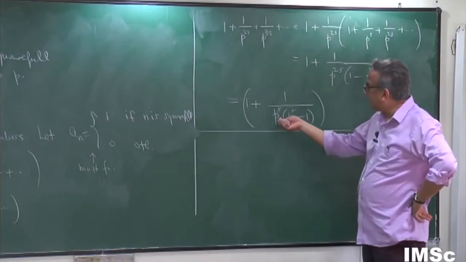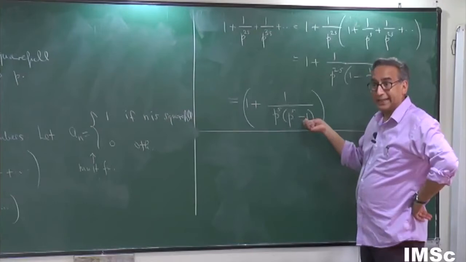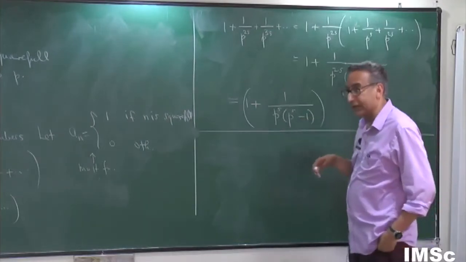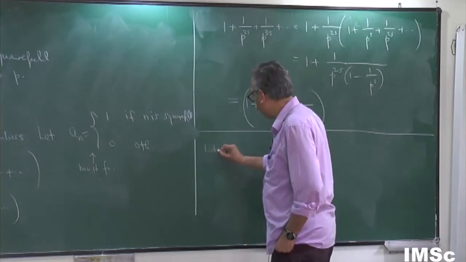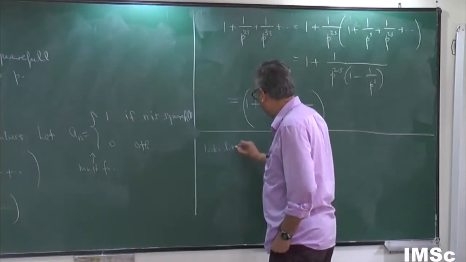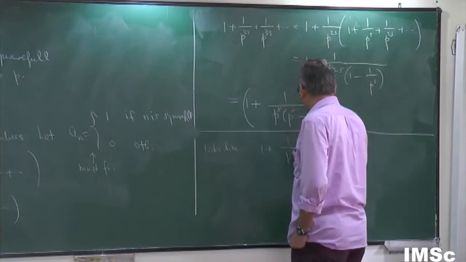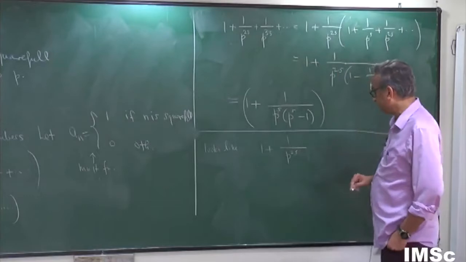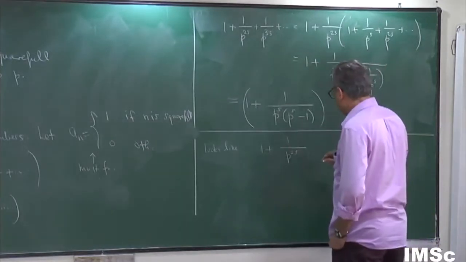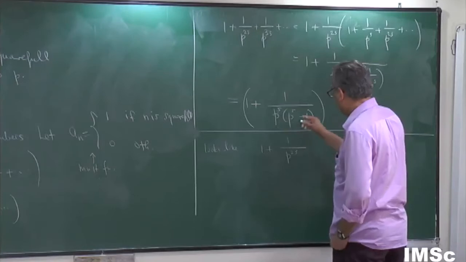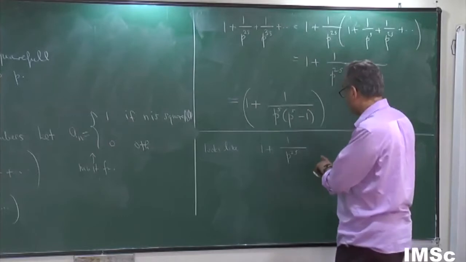You could see that this is pretty much close to 1 plus 1 over p to the 2s. Looks like that. And for the 1 plus 1 over p to the 2s, you try to factor as much as possible out of the picture.